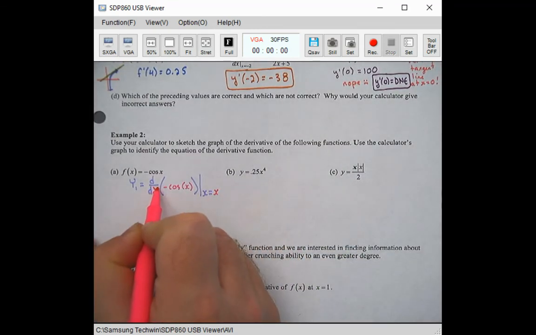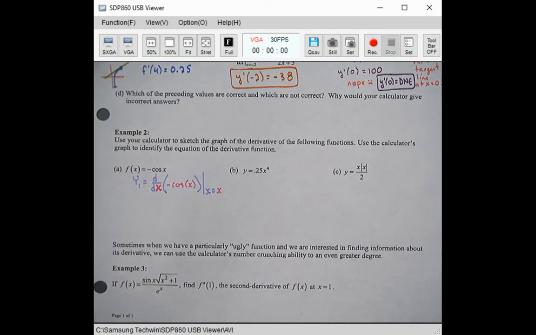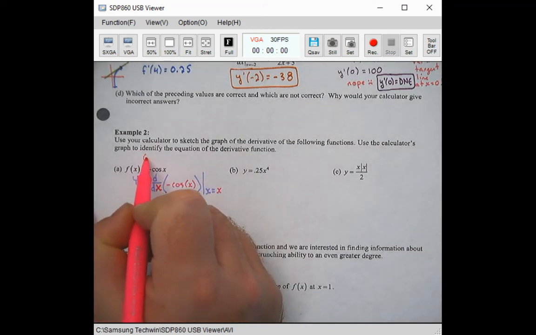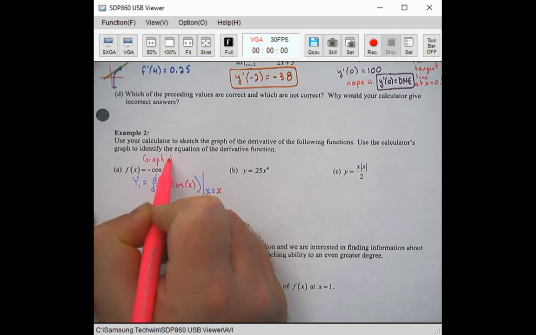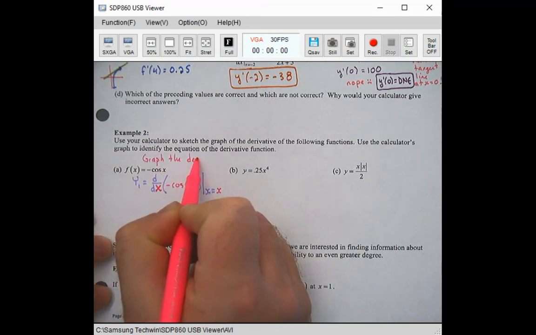I wish I would have written that x better. If I want to graph the derivative, this is how we graph the derivative.